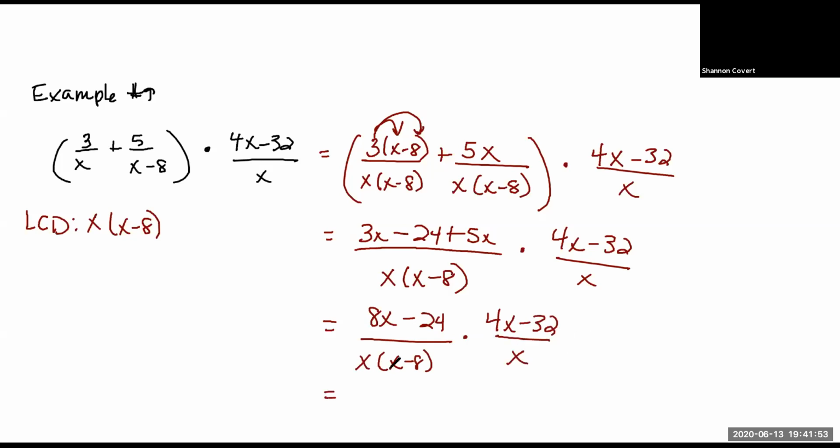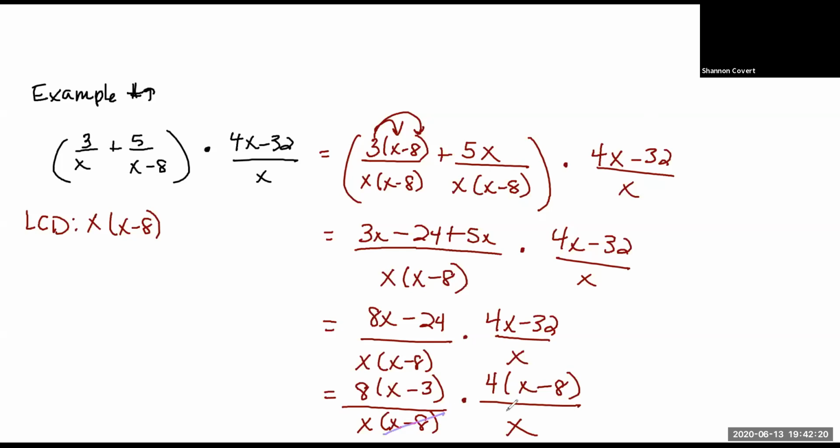I can take out a greatest common factor between 8x and 24. If I take out an 8, I'm left with x minus 3 over x times x minus 8. I can take a 4 as a greatest common factor between 4x and negative 32, which leaves me with x minus 8. And there's an x. Now, this is a problem where it's going to be easier if I simplify diagonally.